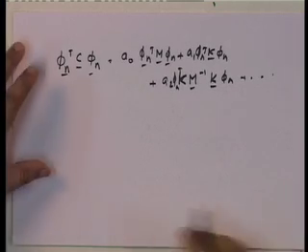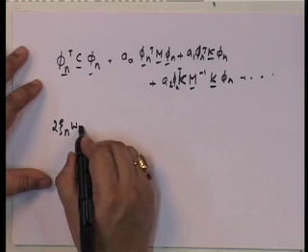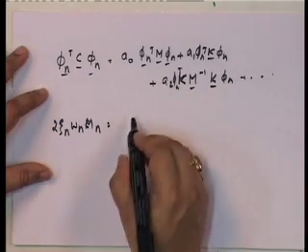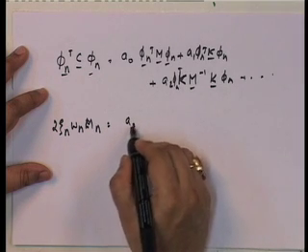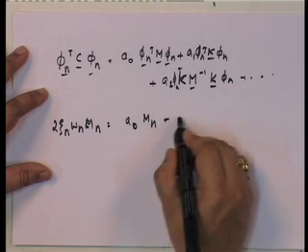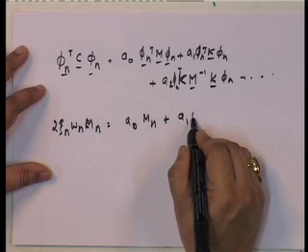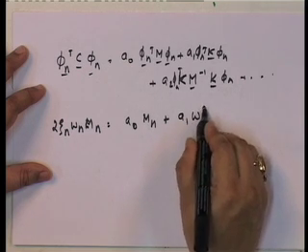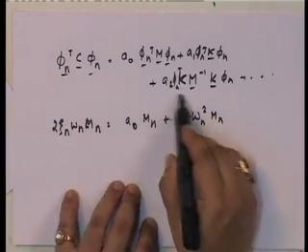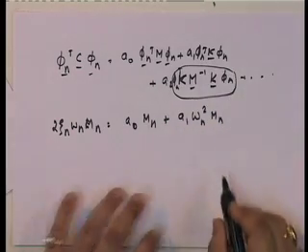Okay. So, what does this become? This becomes 2 xi n omega n m n is equal to A 0 m n plus A 1, this I know is omega n squared m n. What is this? Let us see what this one is equal to.